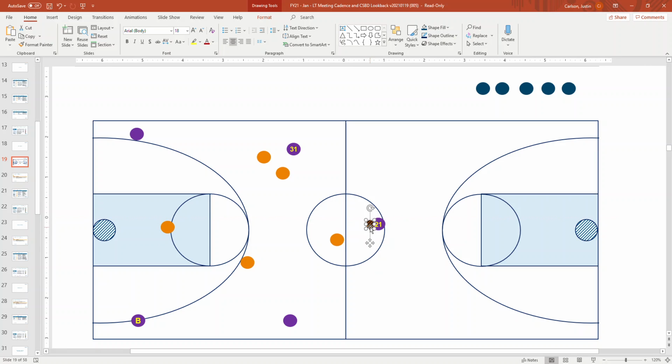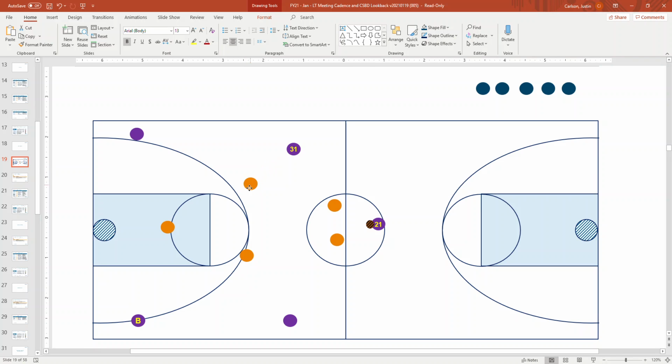Because that's my responsibility, if I'm playing the middle, one thing I should note is at the beginning of the play, although this is the general alignment, if there's no one occupying this middle space, and I know I'm going to trap the first pass, why not just cheat out a little bit and make that first trap even easier? That's what I coach players to do if there's no one occupying the middle.